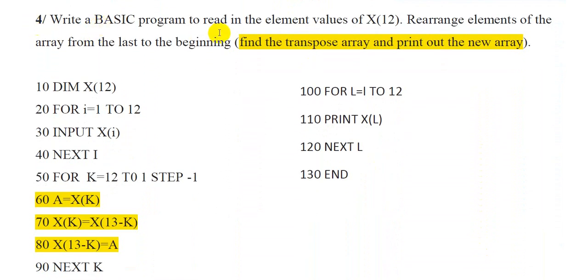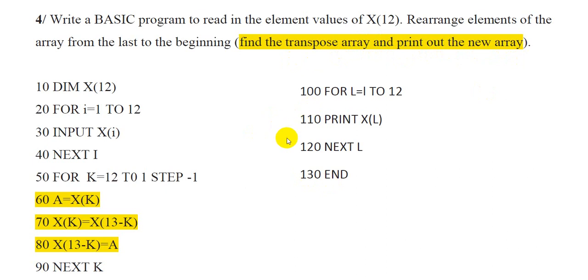Four. Write the program here to array the element values of x, 12. Rearrange elements of the entire array here from the last to the beginning. Find the transpose array, and print out the new array.